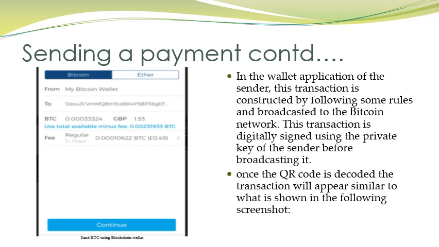In the screenshot you can see the Bitcoin wallet and the sender's address, and how many bitcoins he has to send. This Bitcoin transaction now needs to be verified, because in banking systems this payment is verified by the bank.